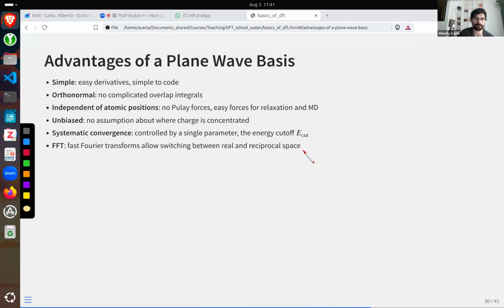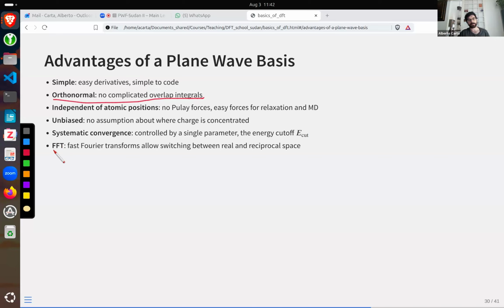Okay, so again, for the rest I don't think we have enough time to cover this. But the most important thing is that the basis is orthonormal. So it means that it's a complete basis that can describe everything that can happen in a crystal without any complicated integrals.